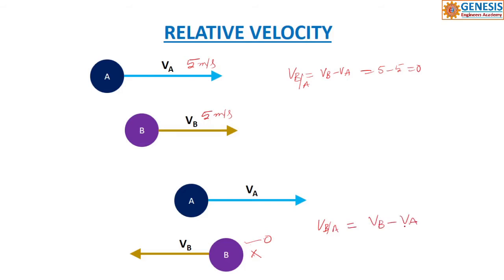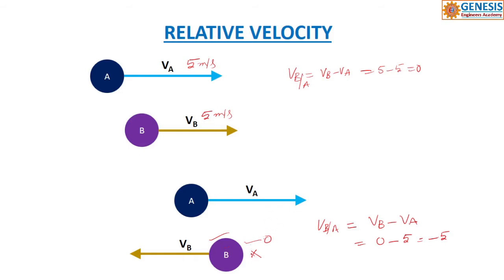VB is equal to 0 and VA is 5. You got my point? So this is 5. What would you experience? Though your train is stationary, you will experience that your train is moving. It is because of relative velocity.